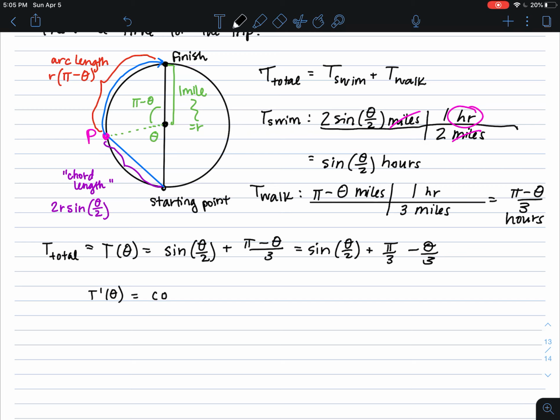which is the derivative of sine is cosine of theta over 2, times the chain rule gives us 1 over 2, because the derivative of theta over 2 with respect to theta is 1 over 2, plus 0. Pi over 3 is just a constant, the derivative of a constant is 0, and then minus 1/3, because negative theta over 3 is just negative 1/3 times theta, so that's how we get that negative 1 over 3.